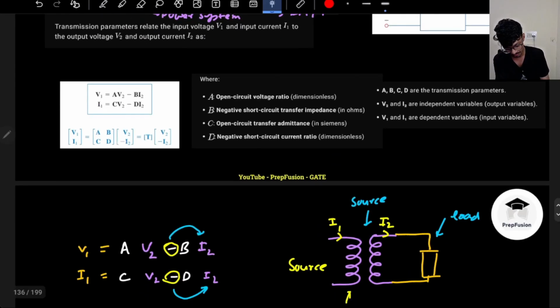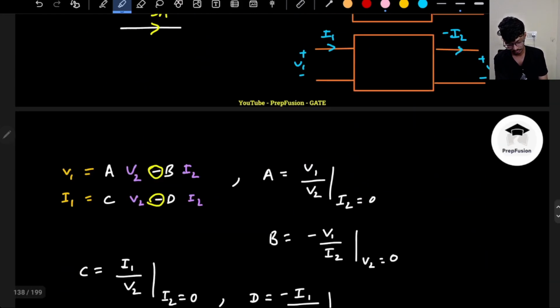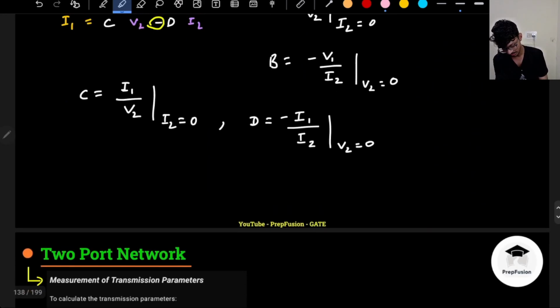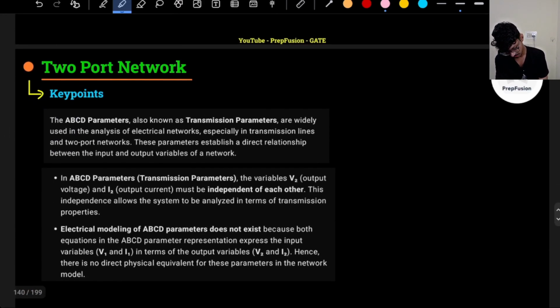Another important fact is that V1 and I1 are dependent variables, and V2 and I2 are independent. I have written here that in ABCD parameters the variables V2 and I2 must be independent of each other.